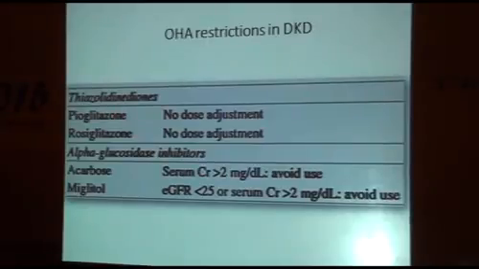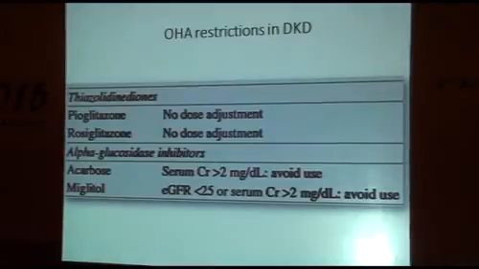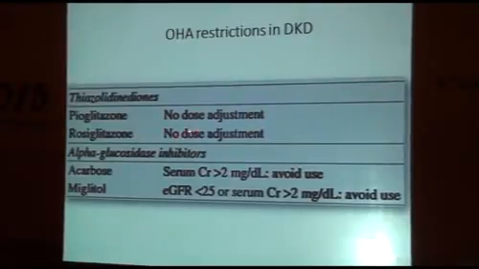When we come to thiazolidinediones, these are purely metabolized by the liver and hence don't have involvement by the kidneys and need no dose adjustments. Nevertheless, these per se have a tendency for weight gain and fluid accumulation.